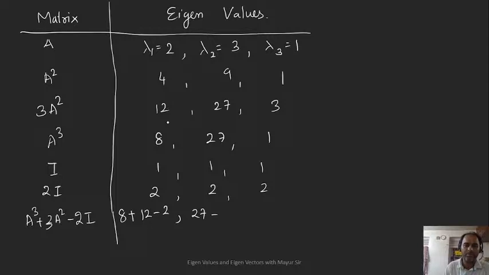Okay, so you add that, and for the eigenvalue of 2I, you subtract 2.